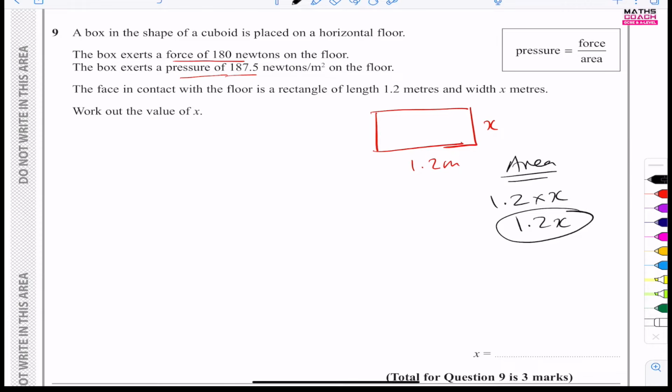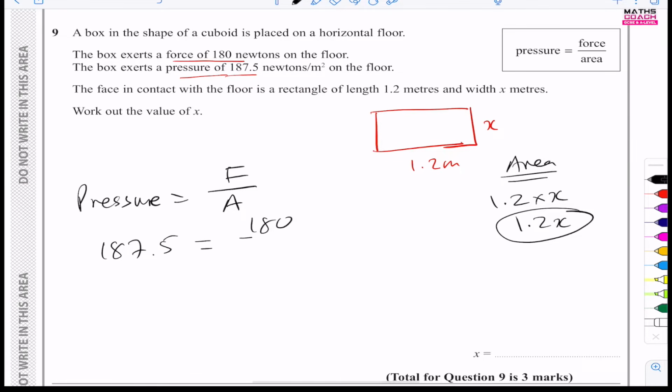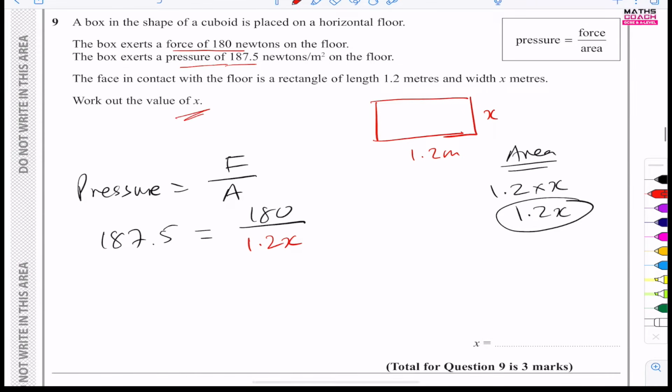1.2x. Now, if we take the pressure formula that's given to us, the pressure is given as 187.5, so we can replace that with 187.5, and the force is 180. Now, what do we have for the area? Well, this is what we have for the area, so we can write in here 1.2x. Now we just need to solve that, and then we can find the value of x. So to solve that, we'll multiply it over here, and that would be 1.2x times 187.5, and that equals 180.